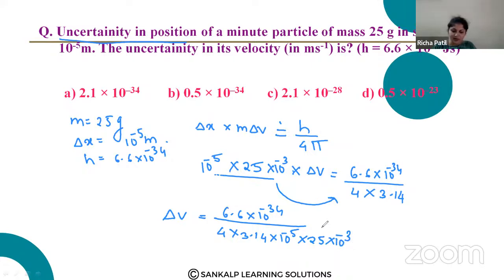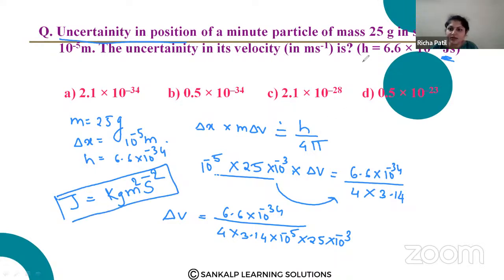Here the unit is joule. Remember, we have to write this joule. Joule is nothing but kg meter square per second square. So this is the value of joule. Now h is joule second, so one second gets cancelled.